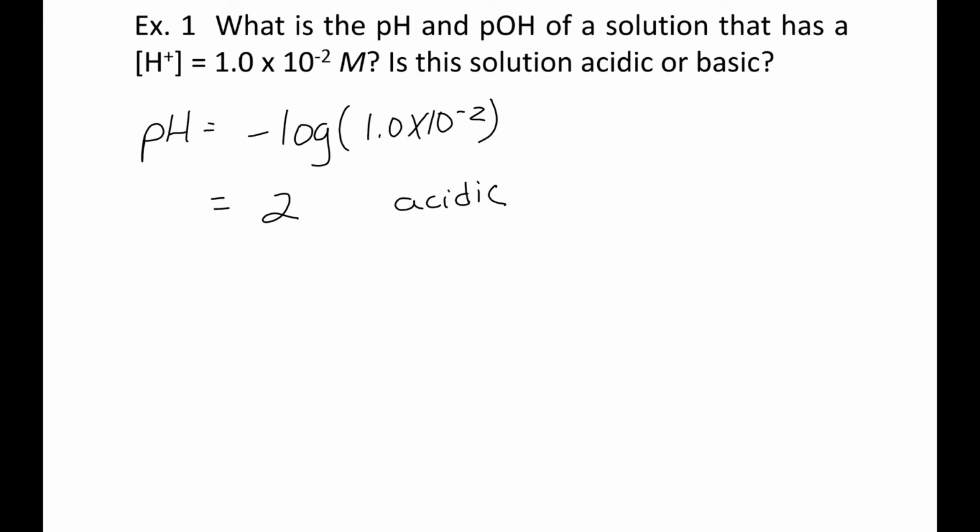And your pOH is 14 minus 2, which is 12. Pretty easy. At least I think so. This, by the way, is a special case. Whenever you have 1.0 times 10 to some power, that power is the pH or the pOH. Otherwise, if it's any other number besides 1.0, you just have to do the calculation.